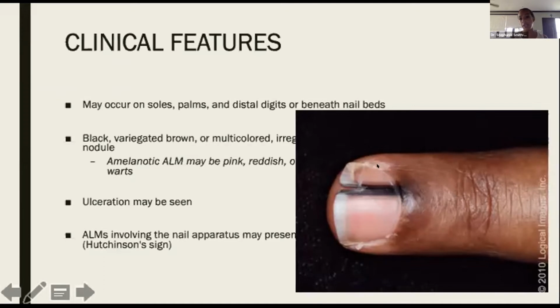And this can occur on the lateral nail folds as well. And that is known as the Hutchinson sign. And that really increases your suspicion for a melanoma versus just a benign melanonychia.